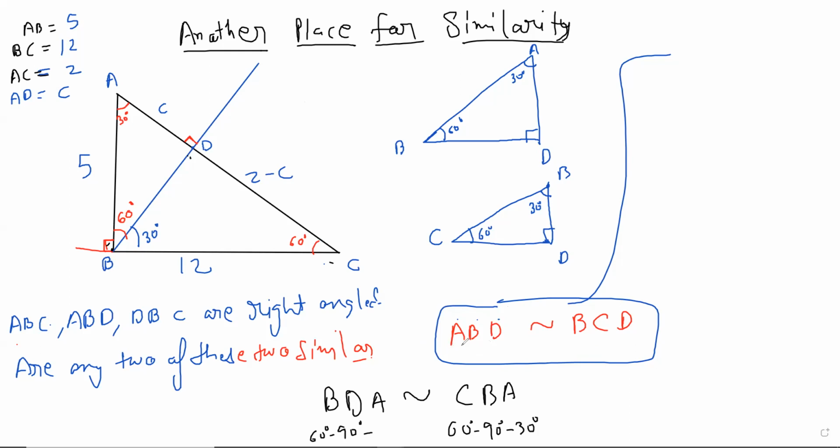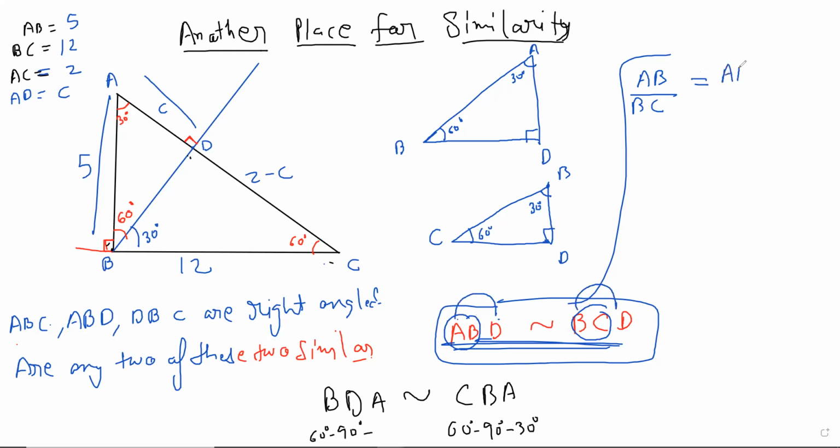So see, how can you relate the 5 and the C with the other two things? Let's try to understand that. This thing will tell you that AB by BC, comparing AB with BC, that ratio, that fraction would be the same as if I compare AD with BD, the other fraction.